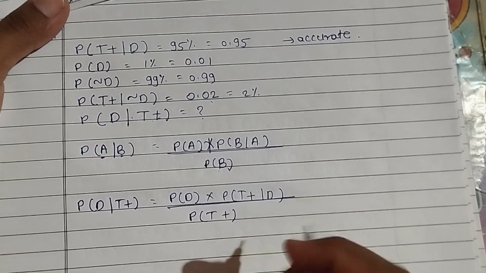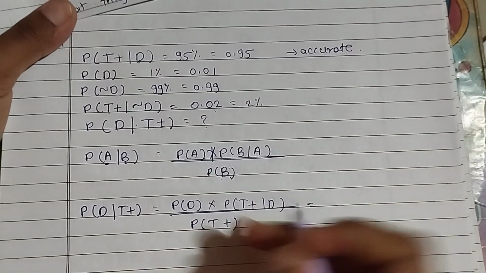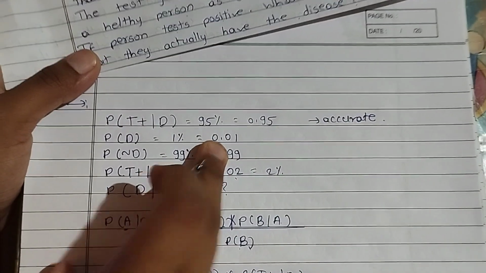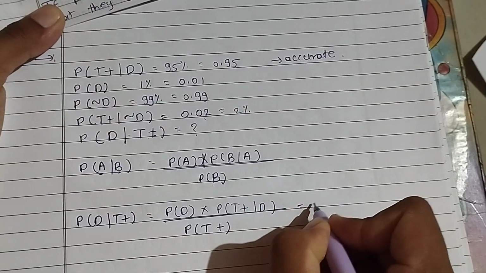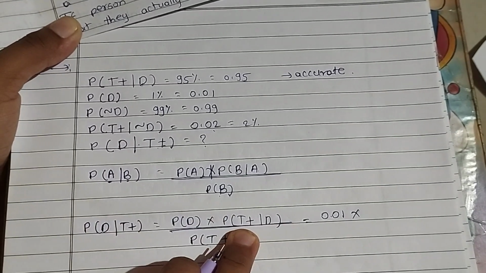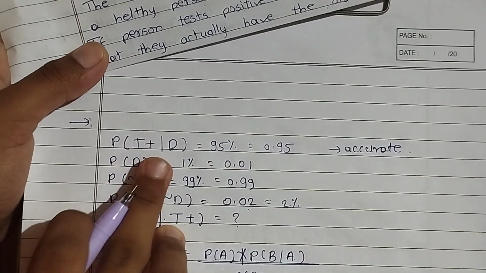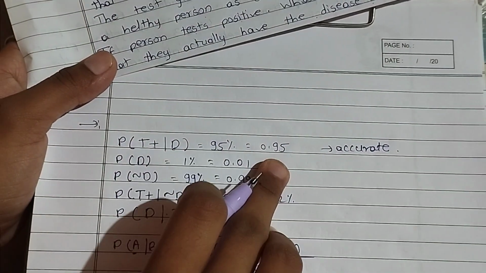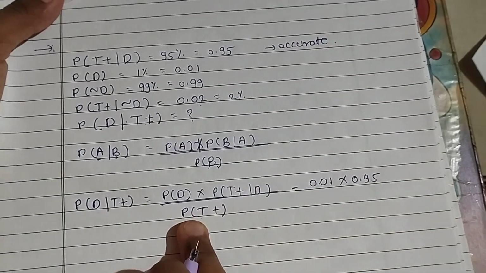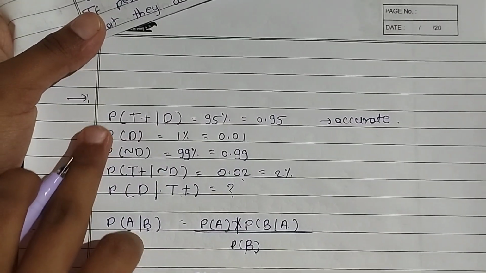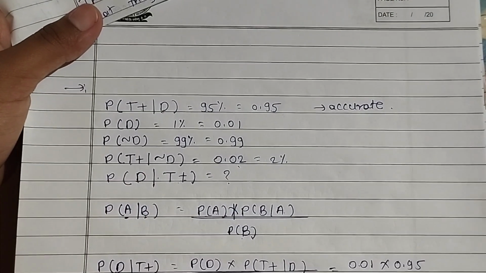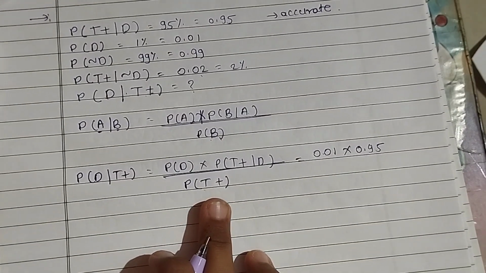Now which terms do we have? Probability of D is 0.01, into probability of T plus given D, which is 0.95. But the probability of T plus is not given. So now it's time to calculate the probability of T plus.